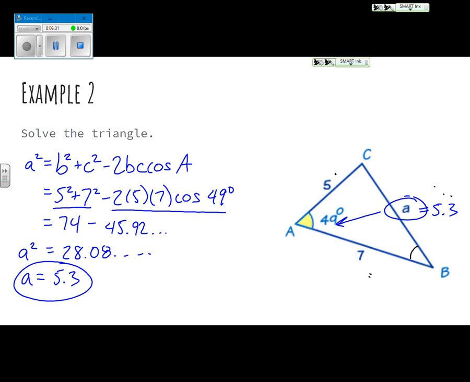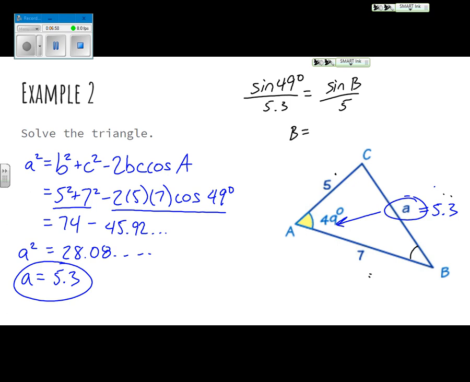And look, now I know that the side across from the 49 degrees is 5.3. And I can use my law of sines to find another angle. I'm going to find my small angle when I'm dealing with law of sines. That's just a good rule of thumb for me. We'll talk about why later. Right? And so I know how to solve this for B.